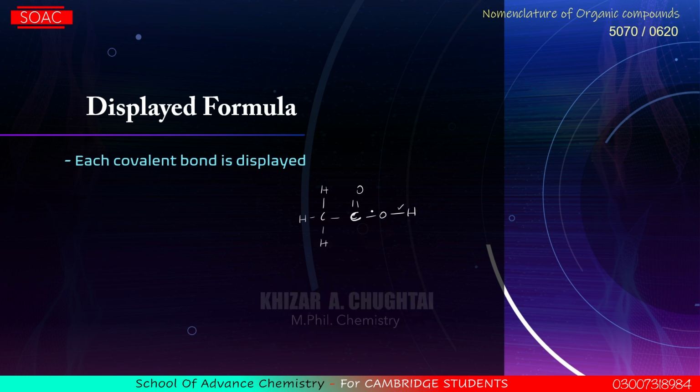Single bond OH, single bond CO, double bond CO, single bond CC, single bond CH, single bond CH, and again CH single bond. So each and every covalent bond is visible, and this is basically a displayed formula, a structure formula.